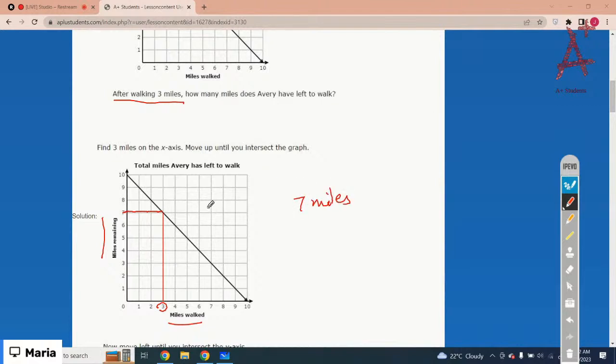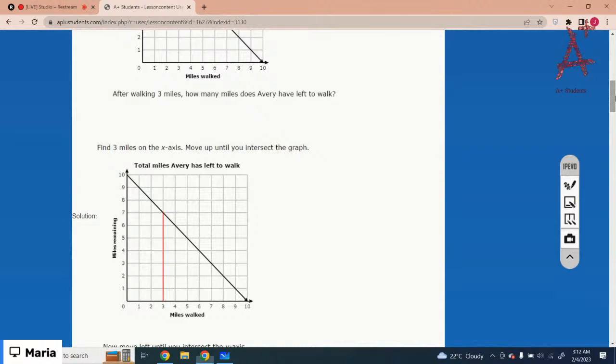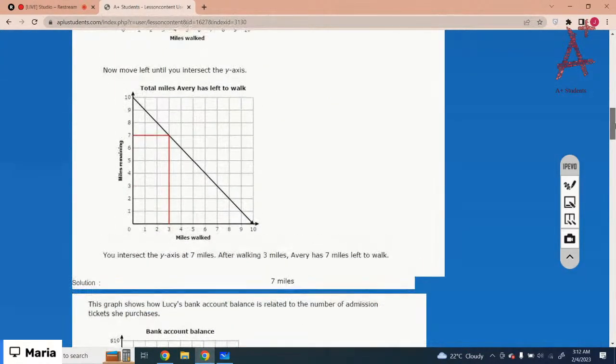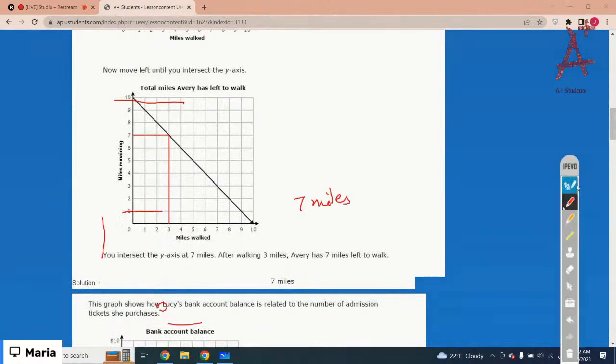Wait, let me see. No, that's 7 because the graph intersects the y-axis at 7. After walking 3 miles, Avery has 7 miles left to walk.